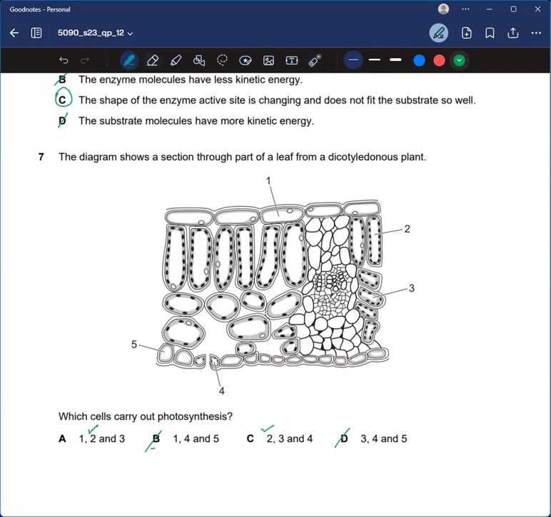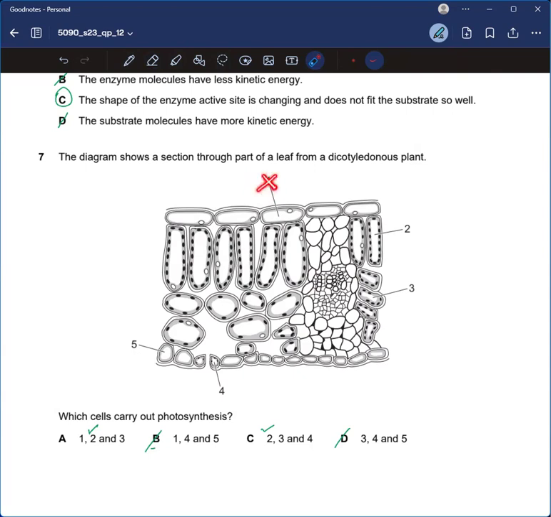All right, let's check the other. So here we can see 1, 2, and 3. One is basically upper epidermal cells, so they don't participate in photosynthesis.